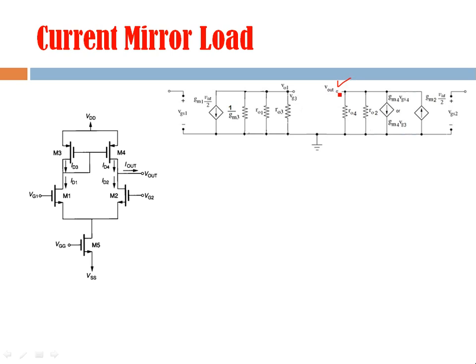But don't think that we can ignore this left side, because in case of this right side, there are certain sections where the current, for example this particular section, depends on VG3, meaning this voltage.